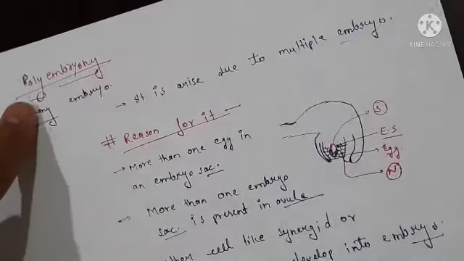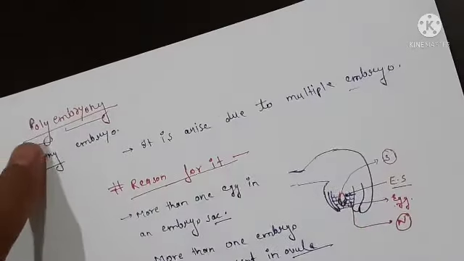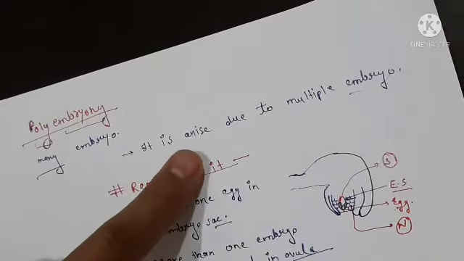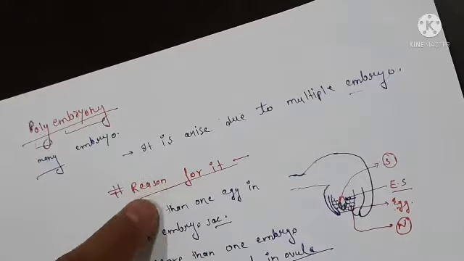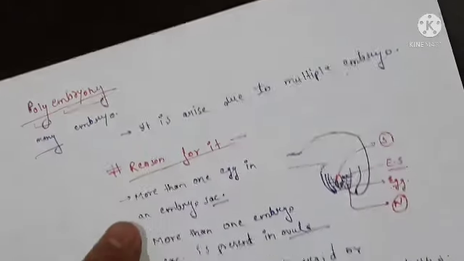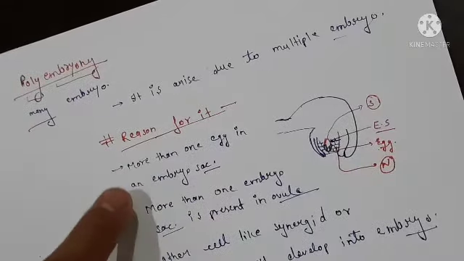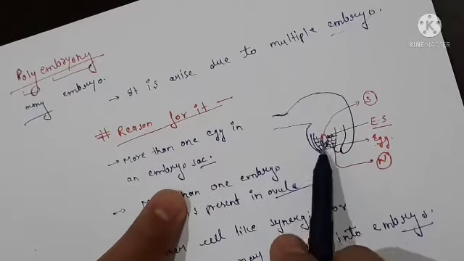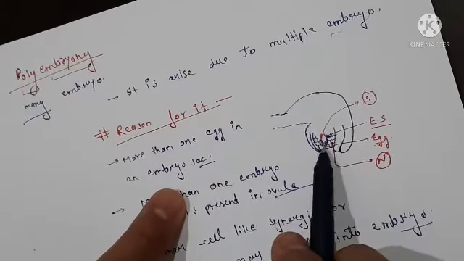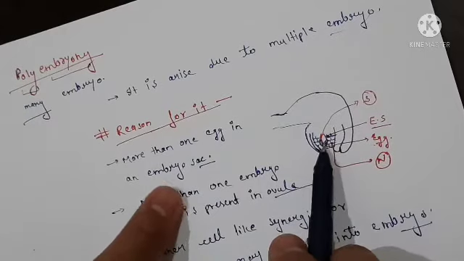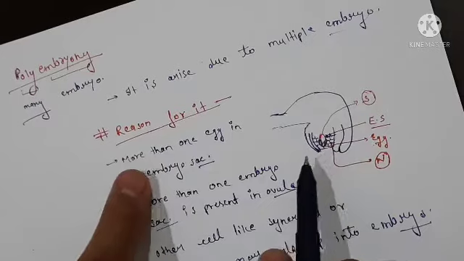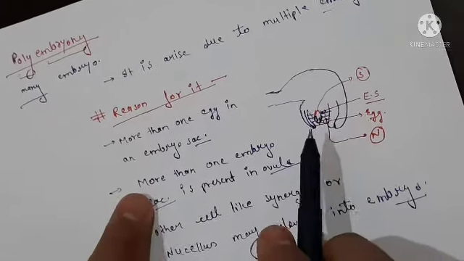So today we started polyembryony. Poly means many, embryony means embryo, so it arises due to multiple embryos. What are the reasons for polyembryony? The first reason is more than one egg present in the embryo sac. This is the structure of the embryo sac; inside it, egg and synergids are present. If more than one egg is present, it leads to more than one embryo.